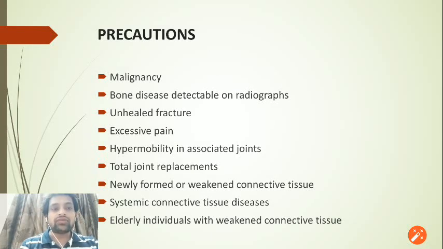Hypermobility in associated joints, in case of total joint replacement, newly formed or weakened connective tissues, then systemic connective tissue diseases like rheumatoid arthritis, and elderly individuals with weakened connective tissue.